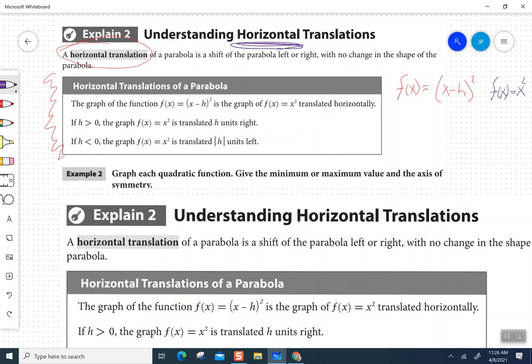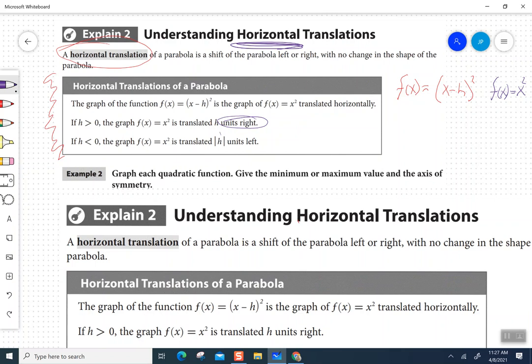Okay, the same holds true. If h is bigger than 0, in other words, if h is 1, 2, 3, 4, all the way up to positive infinity, notice this time we're going to be going right that many units. If h is a negative integer, anything negative 1, negative 2, negative a million, negative infinity, then it's going to fit in this mode.